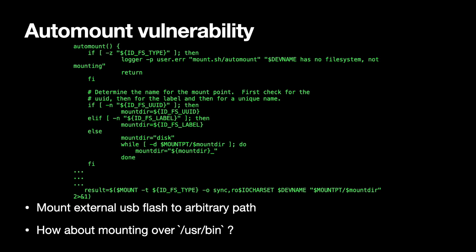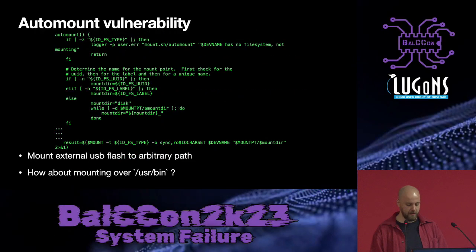So if you can do directory traversal, you can make it mount the file system that you supplied on whatever path on the device itself. So what we can do is mount a USB flash to an arbitrary address, so we can put our external file system over something like /usr/bin and replace all the built-in commands with something that we made, which leads us to code execution in an easy way.